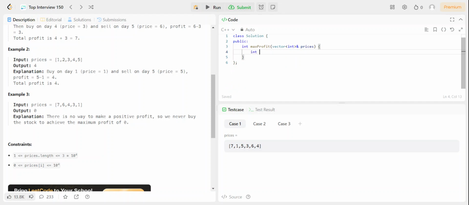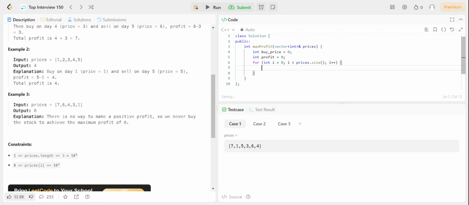Now, as I've mentioned, we will have a buy date, a buy price, so to say. At first, we can set that as 0, and we have our profit over here, set that as 0 as well. And we can go from day 0 to the last day in a loop.